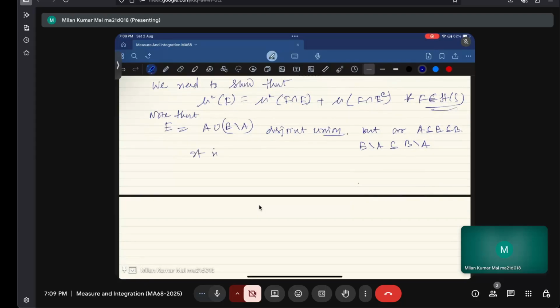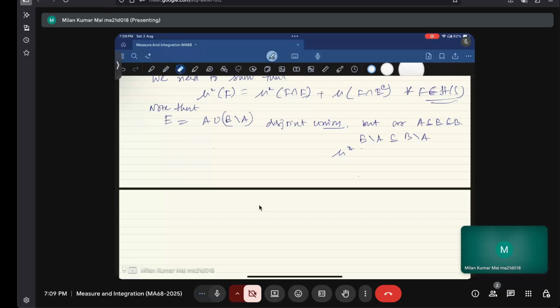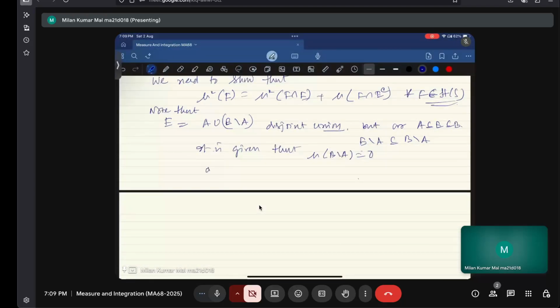Also it is given that mu of B minus A is equal to 0, as B minus A belongs to the sigma algebra S, which is inside the S closure.